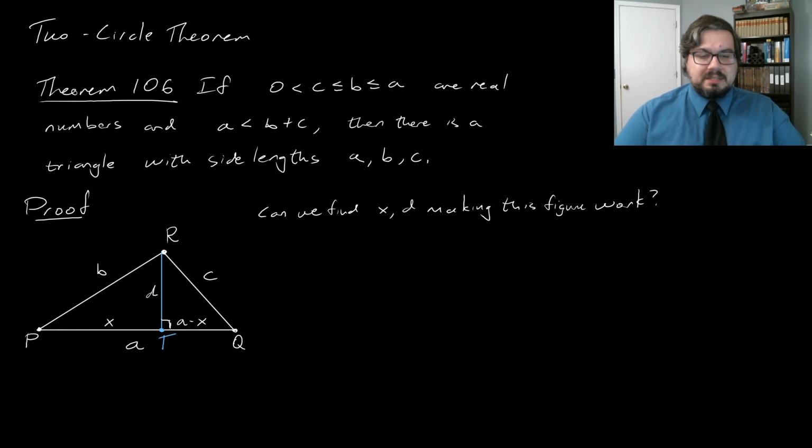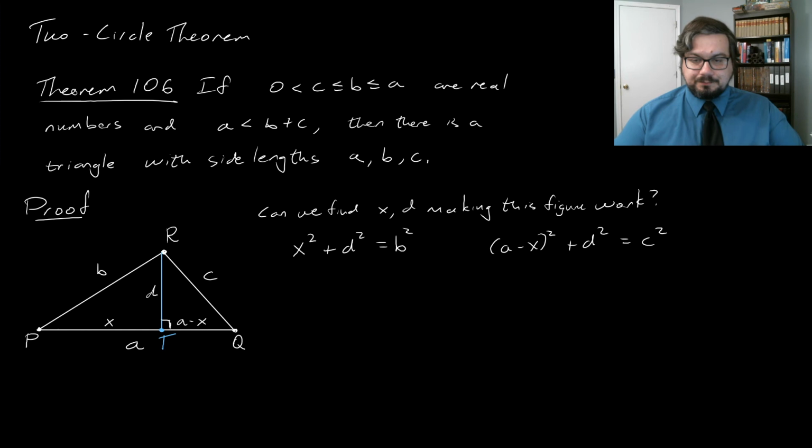Based on the triangle PTR, we would need to have that x squared plus d squared equals b squared. And based on the other triangle, QTR, we would need that (a minus x) squared plus d squared is equal to c squared. And we want to find an x and d that make both of these things happen.